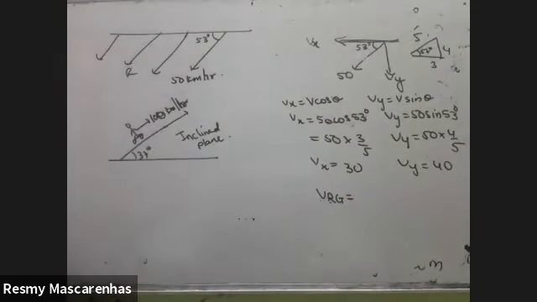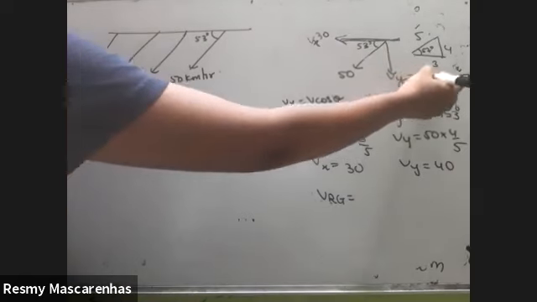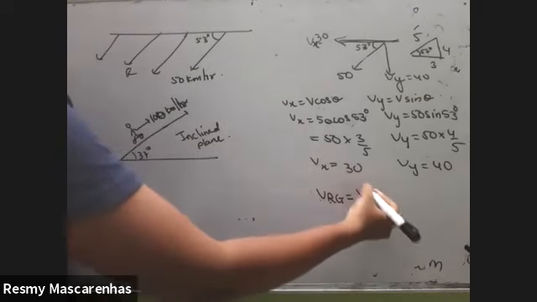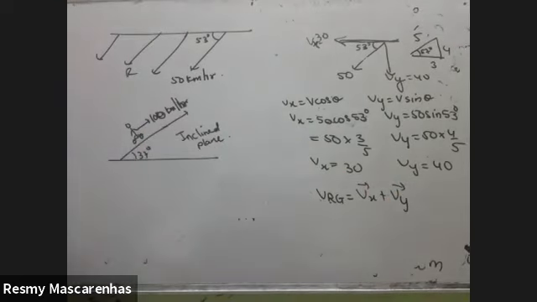Now tell me the direction. So this is 30 and this is 40. Now tell me the direction. Plus I, minus I, whatever. Add both the components. Tell me the answer for this. What is your Vx?